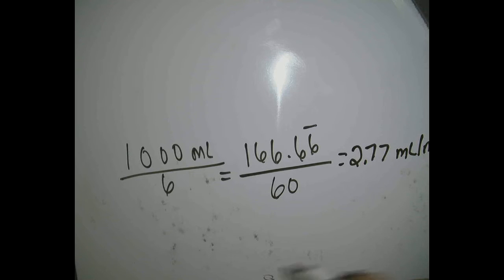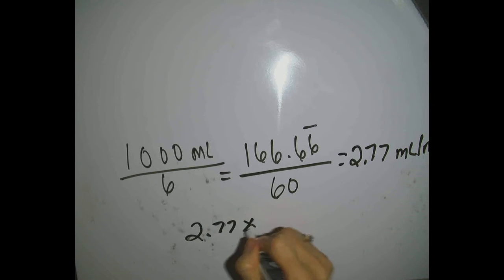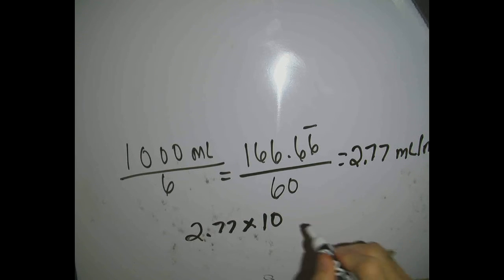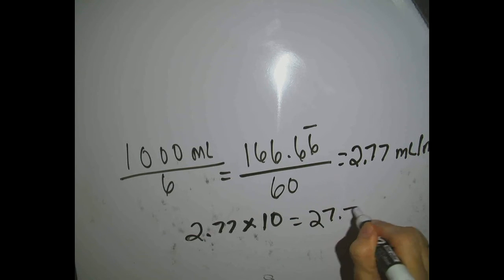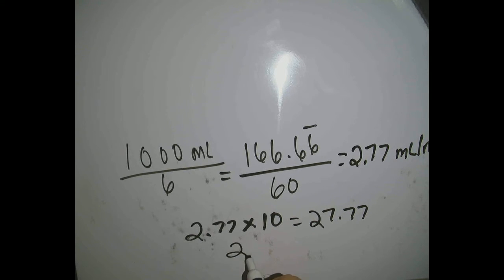Our next step was to take this minute rate and multiply by the drop factor, which in this example is 10. So now we determined that our answer is 27.77. At this point, we do want to round to a whole number. So we know that there are 28 drops per minute using this specific tubing.